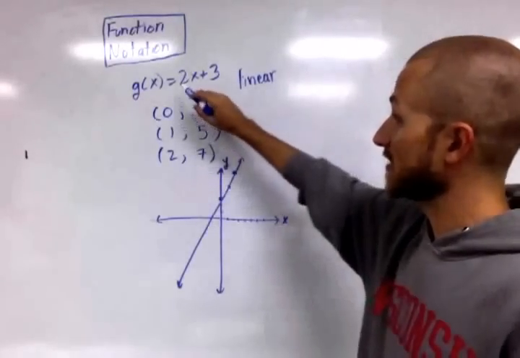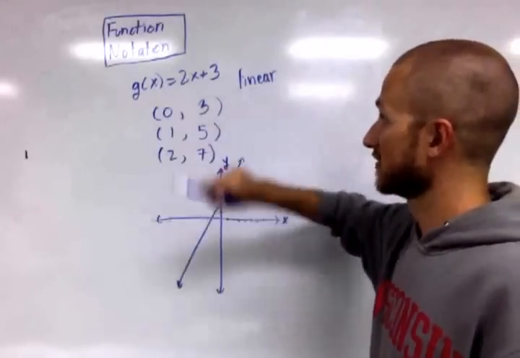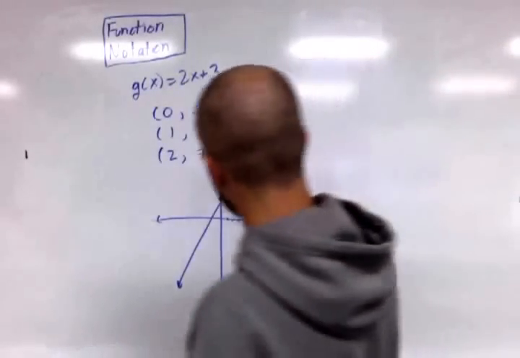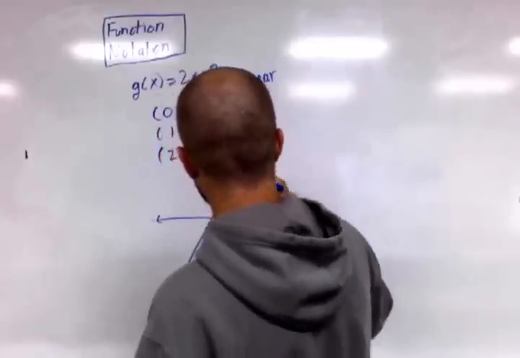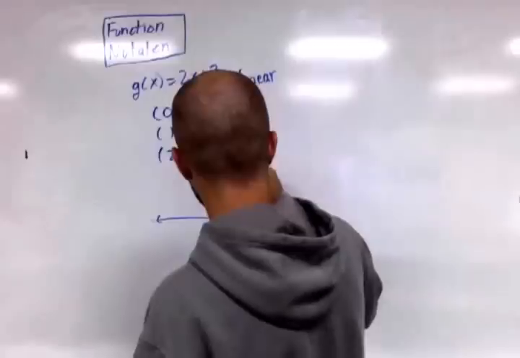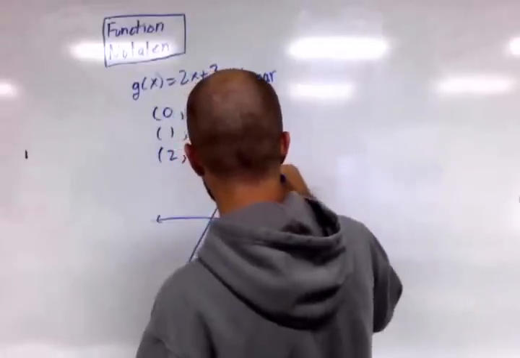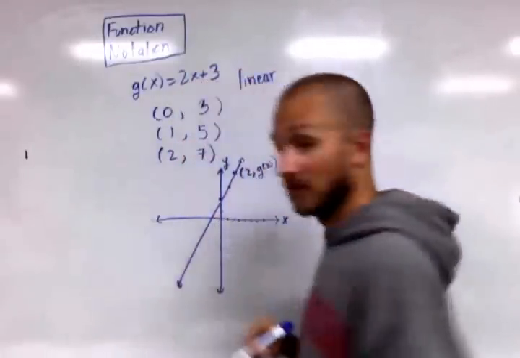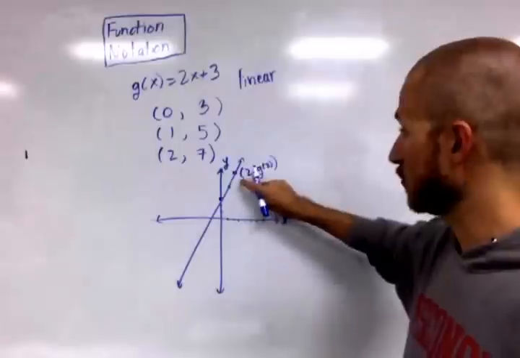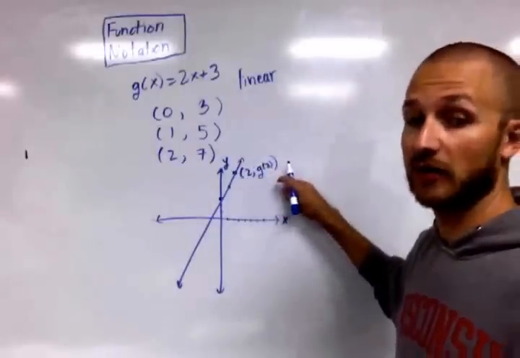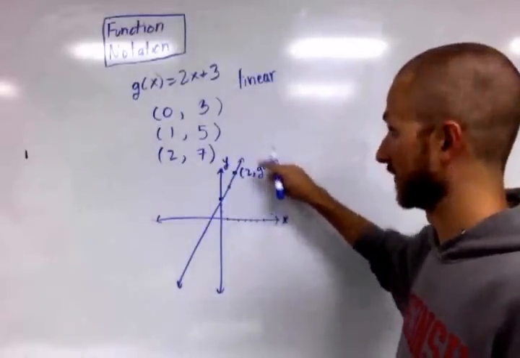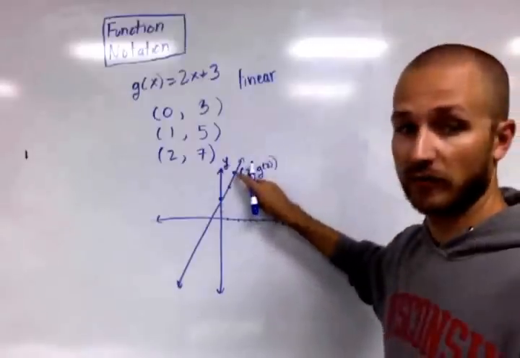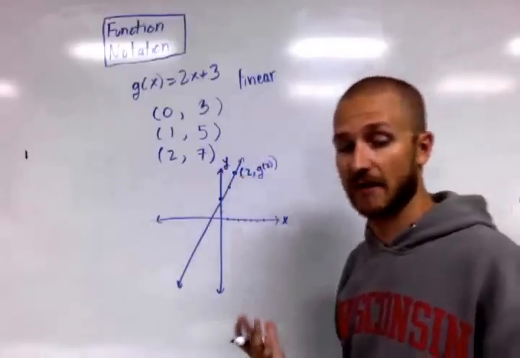Right? So each one of these inputs is actually an output there. So right here is actually the point 2, comma g of 2. And we know if we evaluate g of 2, we get 7, and that'd be another way of describing that point, 2, comma 7.